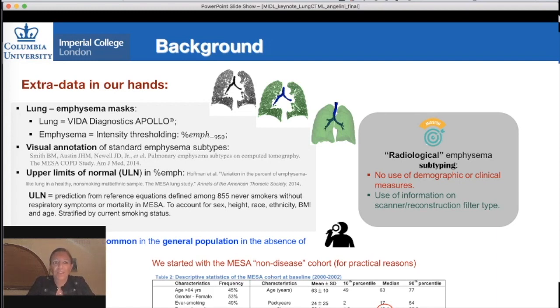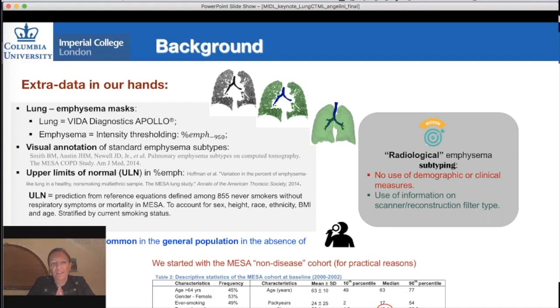And at some point, we were given upper limits of normal for percent emphysema values, which were basically adjusted individual reference values of the expected, or normal, percent of emphysema for a given person, taking into account covariates such as height, sex, race, ethnicity, BMI, and age.